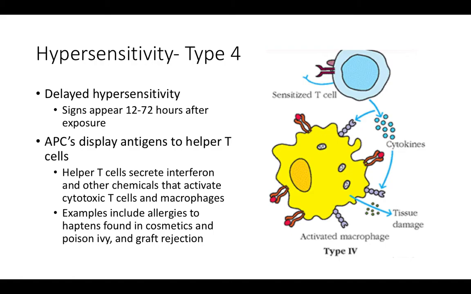So this is what we see with allergies or to haptens, which are those half antigens that are not necessarily functional on their own and won't necessarily produce an immune response by themselves, but will when they bind to larger macromolecules. So we find those in things like cosmetics. Penicillin was another example we talked about, poison ivy, and people that get skin grafts and reject their grafts.